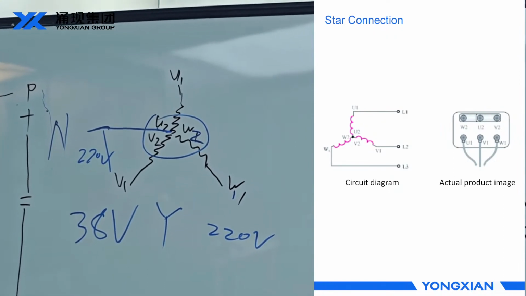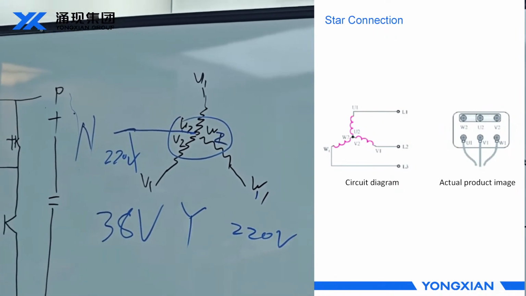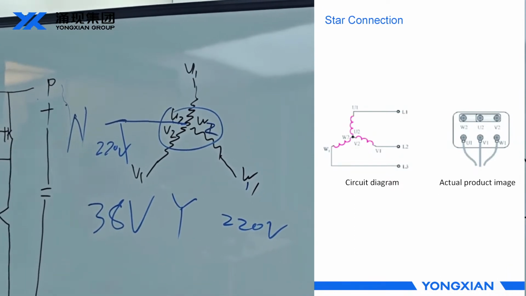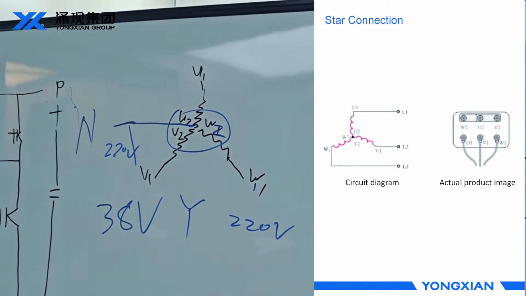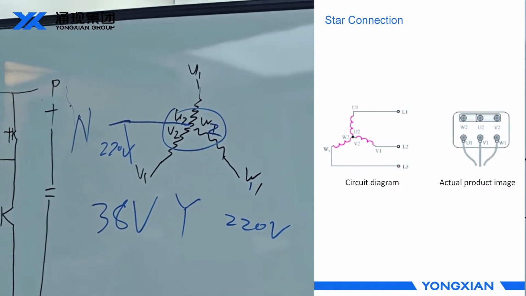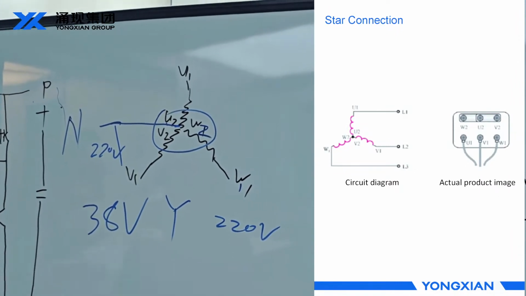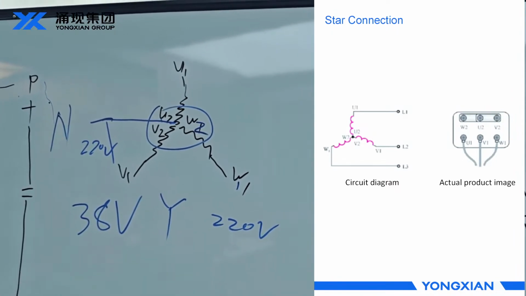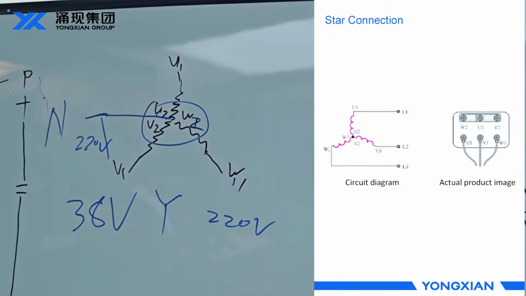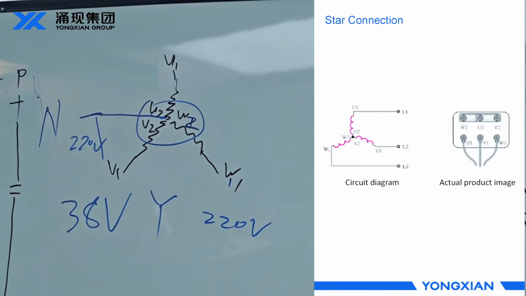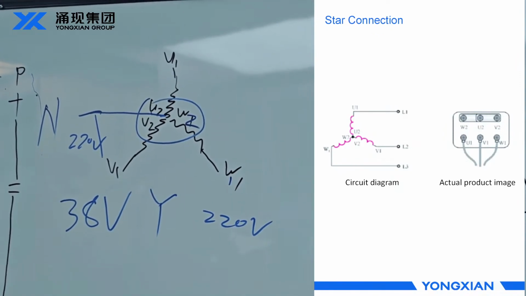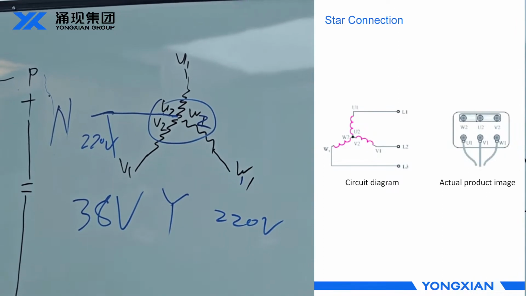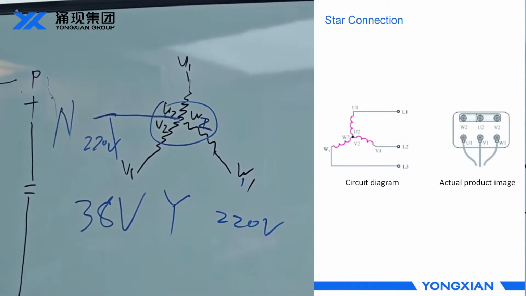The voltage of each winding in a 380 volt traction machine using a delta connection equals 380 volts, with phase voltage equal to line voltage. The voltage borne by each phase winding in the star connection equals 1/root 3 of the power supply voltage, approximately 0.577 times.